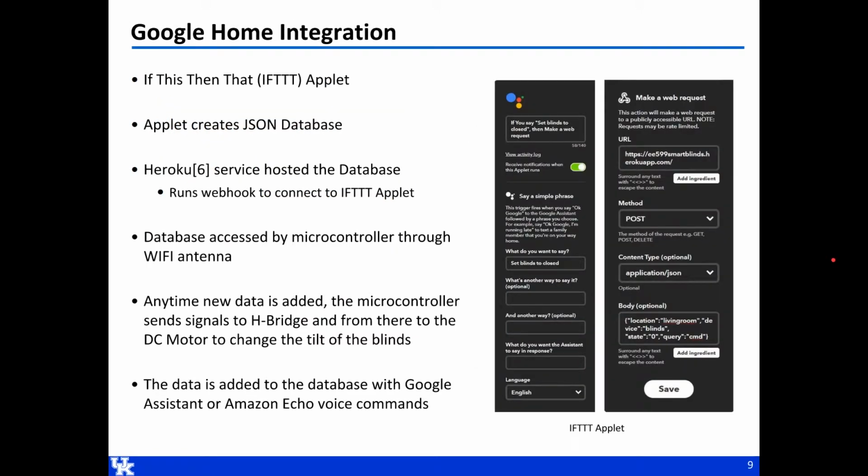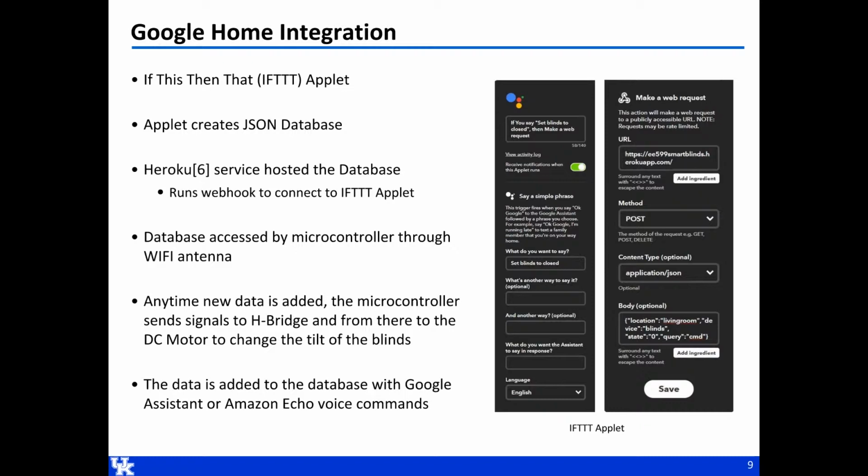We used If This Then That to create applets to integrate with our Google Home and Amazon Alexa. An example of the applet is shown in the picture here. The applets create a database of information, which in our case holds the location of the device, the state of the device, and what the user is asking the device to do.